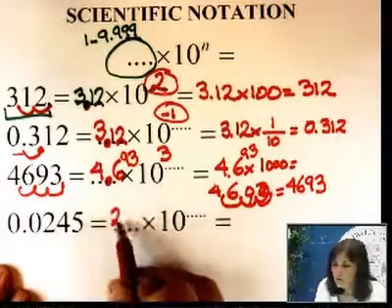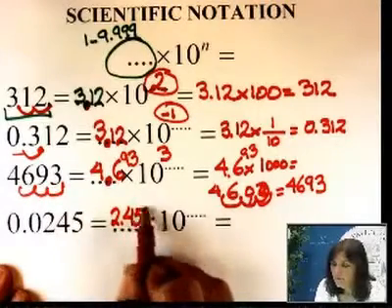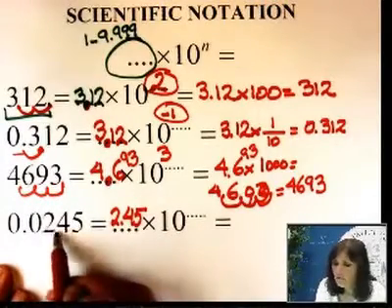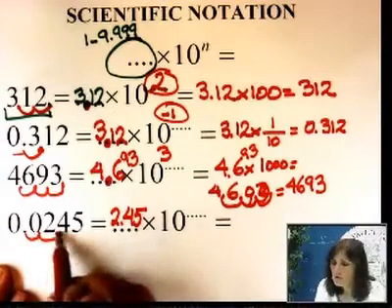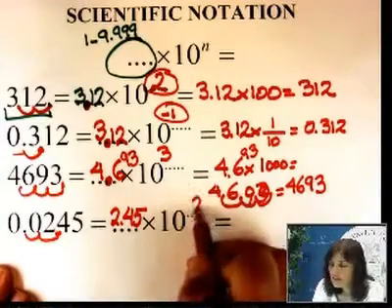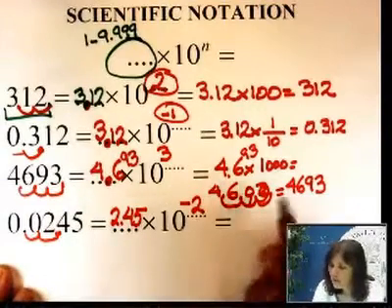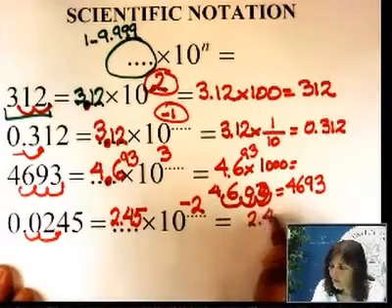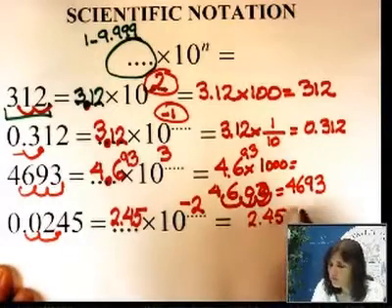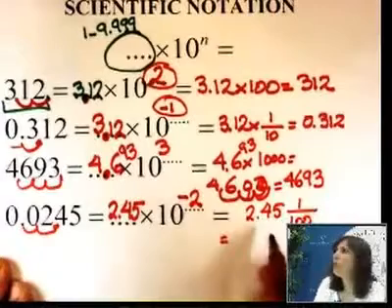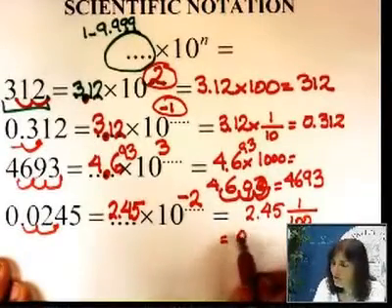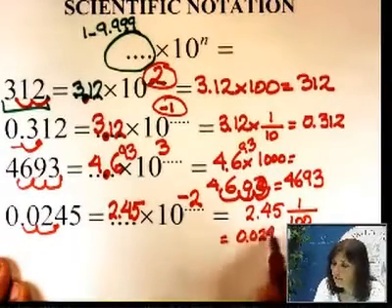How about this one? This needs to be 2.45, and it moves here, 1, 2. So 2 steps, and since it's a small number, it's negative. Let's check. 2.45 times 10 to the minus 2 means 1 over 100. And when I divide 2.45 by 100, I get 0.0245.